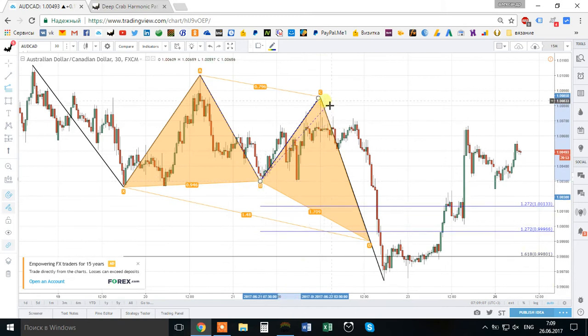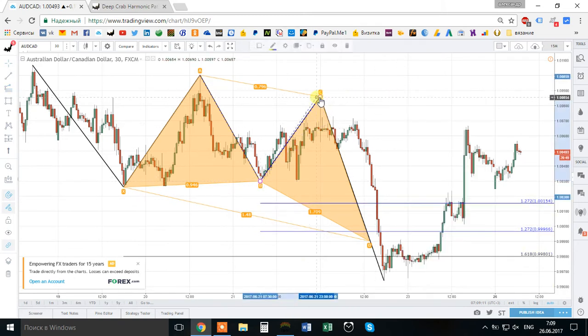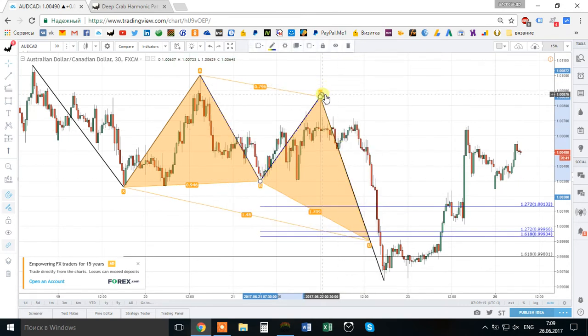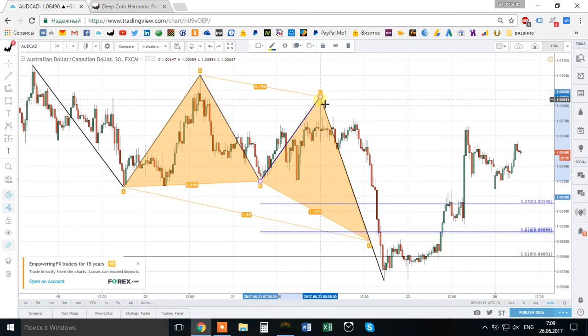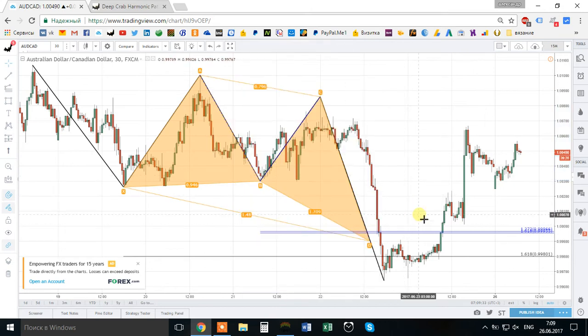X to A to B and C. Let me match them perfectly, and it should be 1.618. Let me get rid of 1.27. Okay, so this is the potential reversal zone.